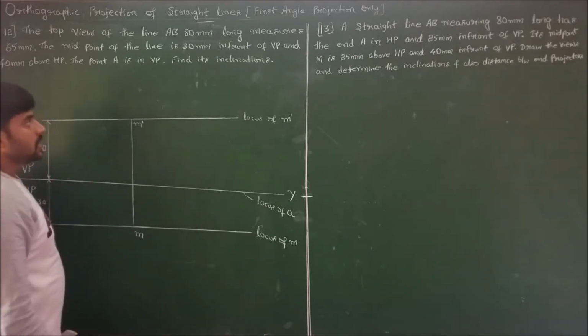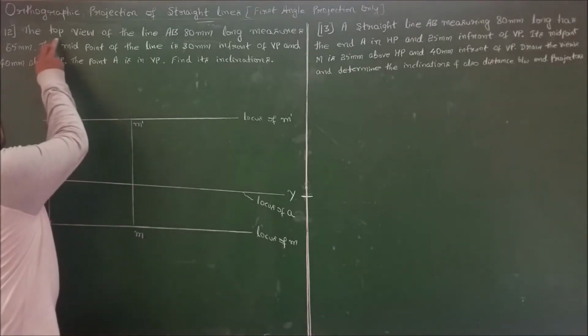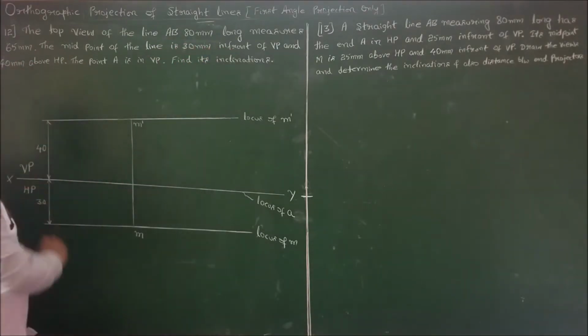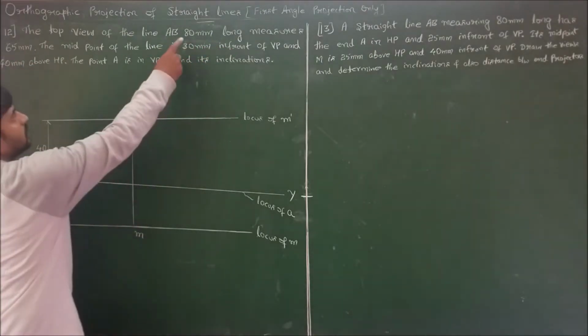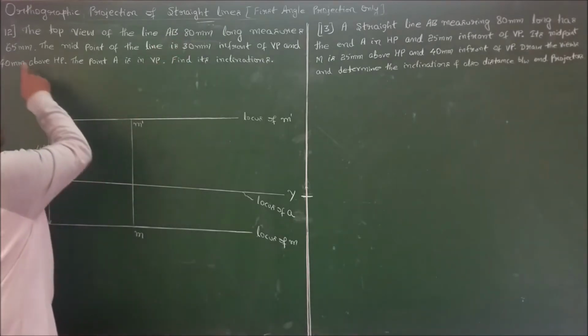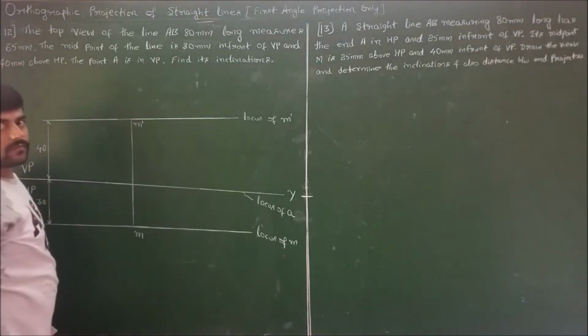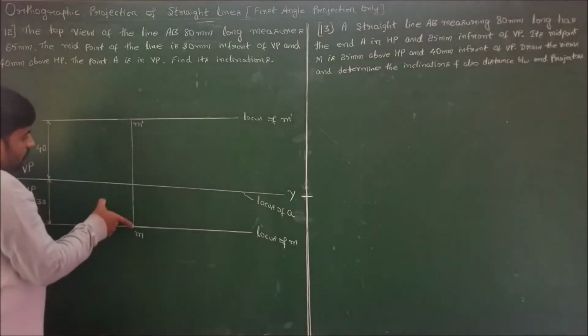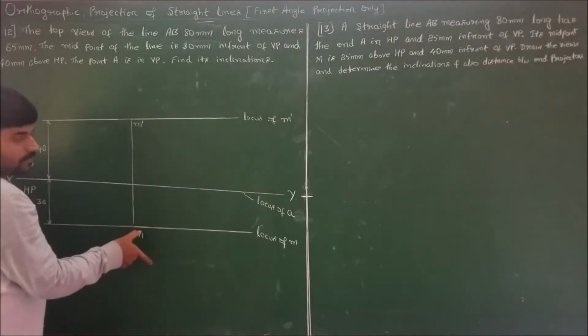We know that. So he has given the top view of line AB, which measures 65 millimeters. So we know true length 80, we know apparent length 65. Therefore, from the midpoint, half of the line should come behind, half of the line should come in front.